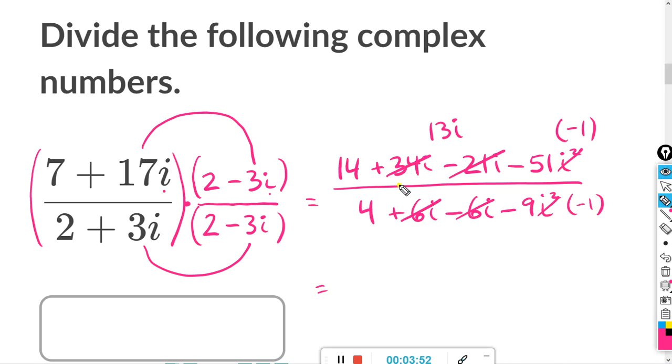So in the numerator, we have 14, and negative 51 times negative 1 is positive 51. 14 plus 51 is 65. And we still have positive 13i.